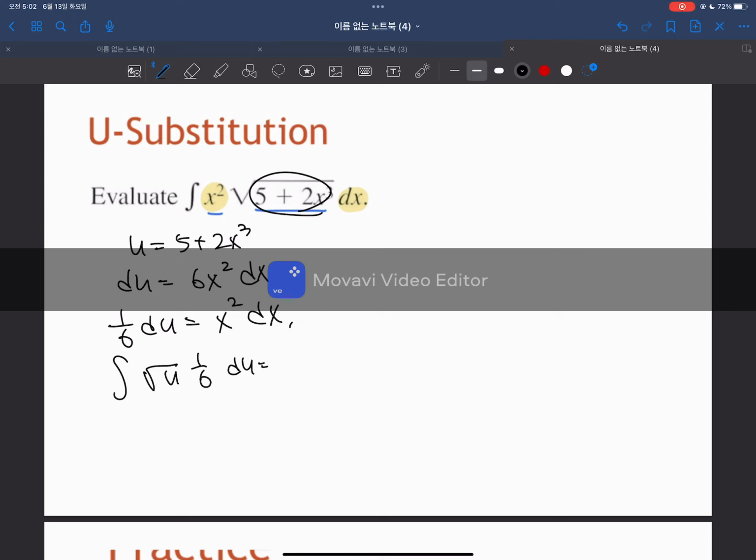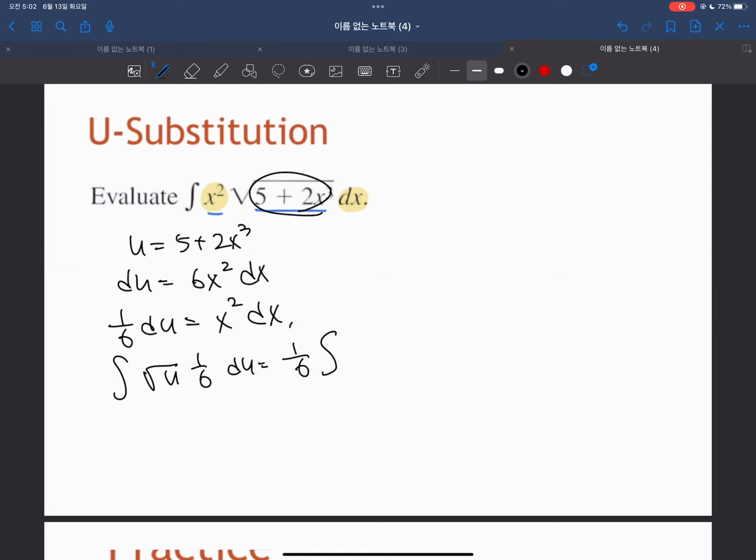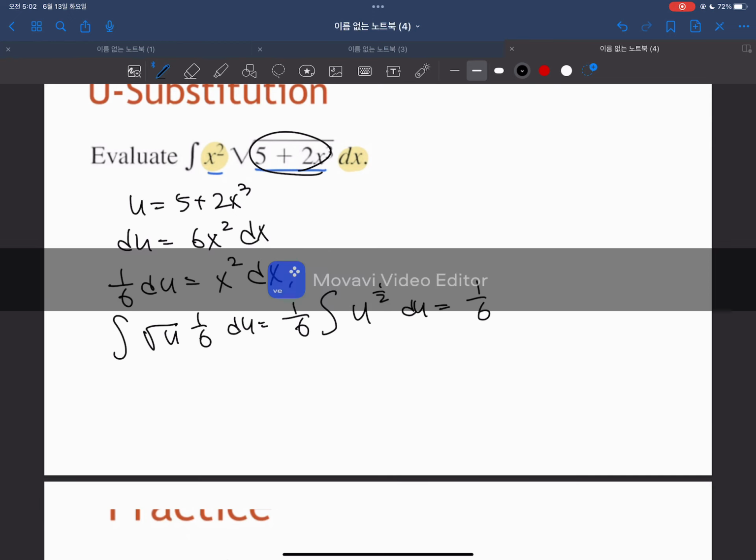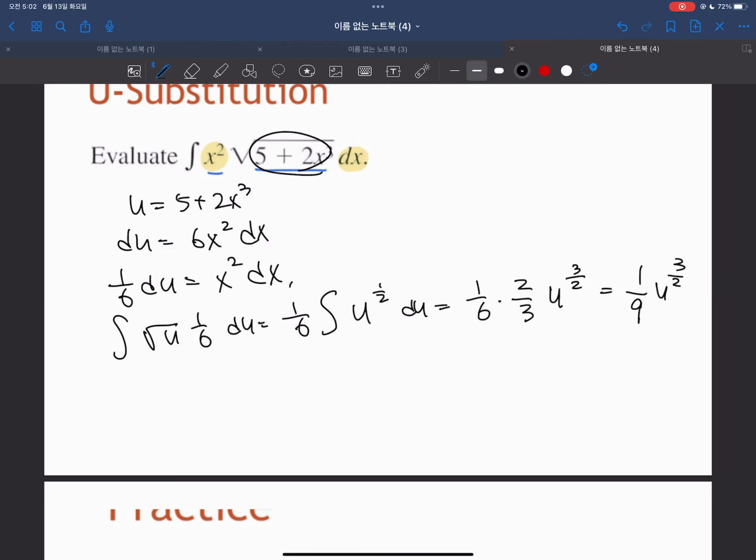We can put the 1 over 6 on the outside of the integral, and then we can write u to the power of 1 over 2 du. When we calculate this, we'll get 1 over 6 times 2 over 3 times u to the power of 3 over 2, which is equal to 1 over 9 u to the power of 3 over 2 plus c.